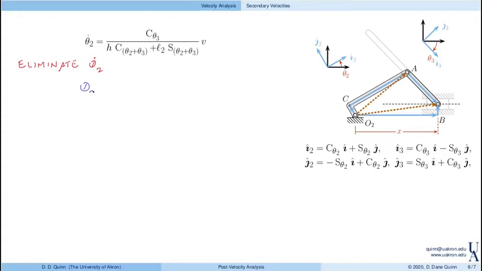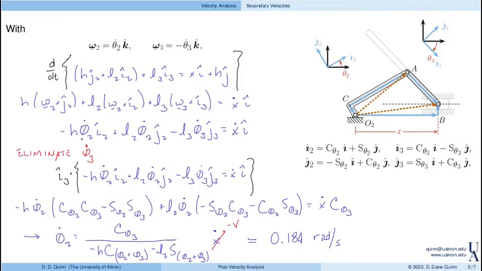So I'm going to rewrite those velocity equations. I'm going to factor out the theta 2 dot. It's going to be minus h in the I2 direction plus L2 in the J2 direction, minus L3 theta 3 dot in the J3 direction, equals x dot in the I direction.